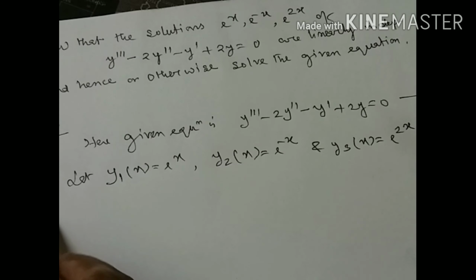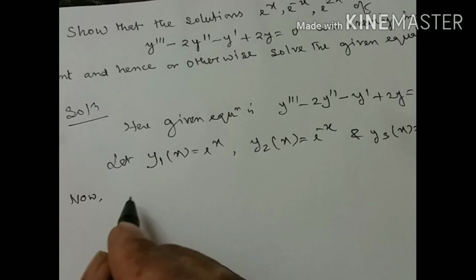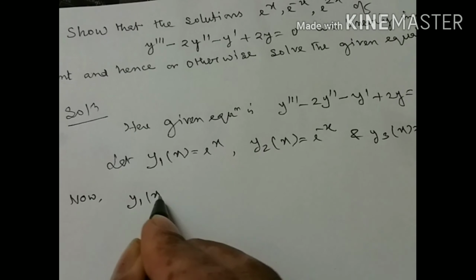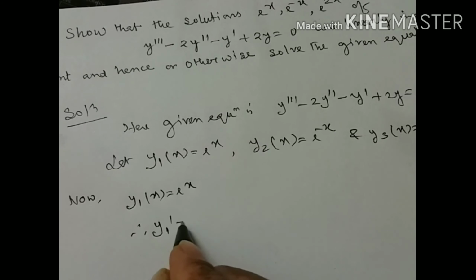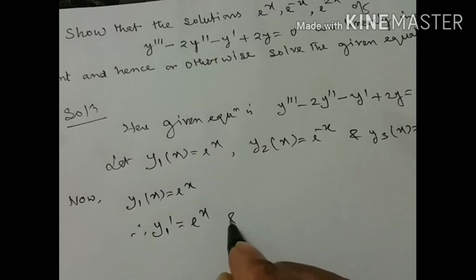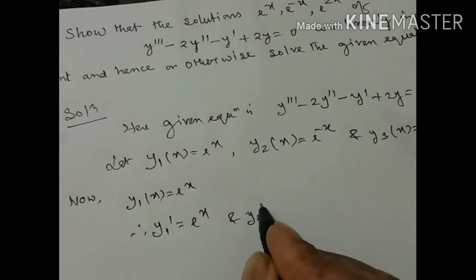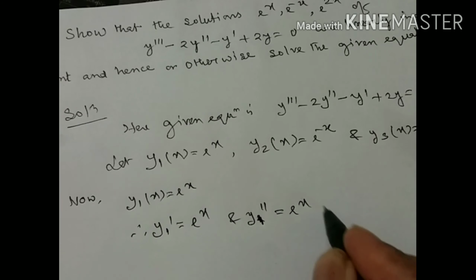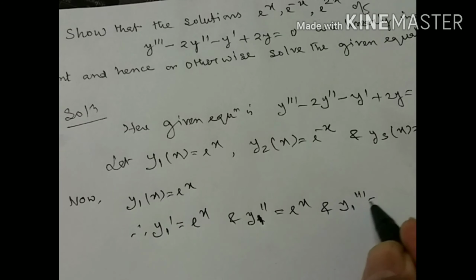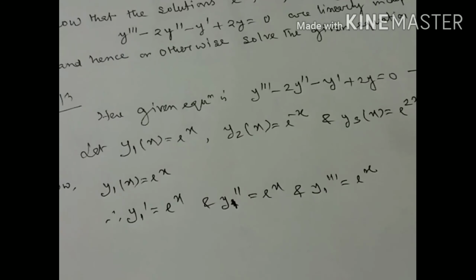Now taking the first one, this is y1(x) equal to e to the power x. Therefore differentiating it, y1 dash is e to the power x, and y1 double dash, differentiating again, becomes e to the power x, and y1 triple dash is again e to the power x.